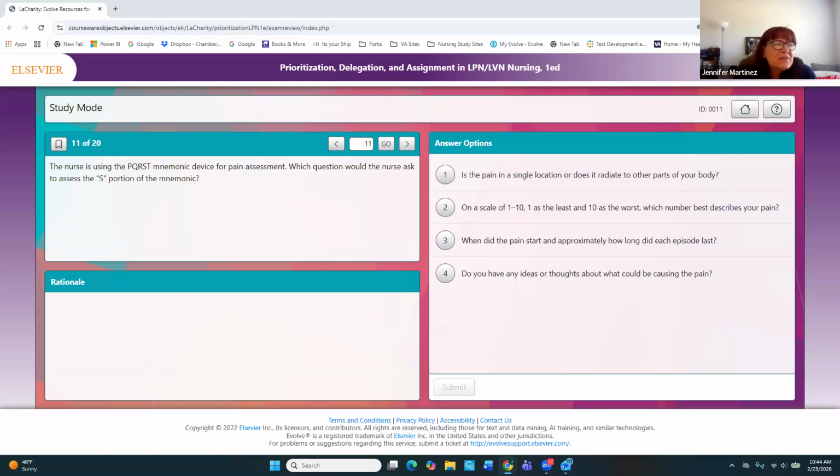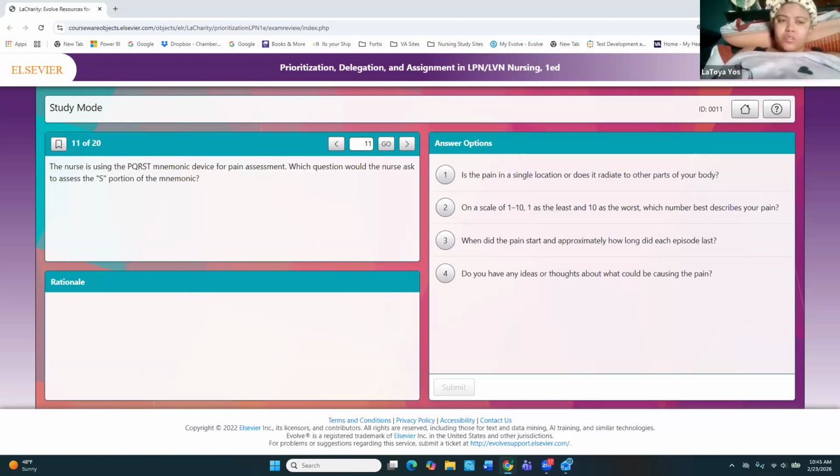One, is the pain in a single location, or does it radiate to other parts of your body? Two, on a scale of 1 to 10, with 1 as the least and 10 the worst, which number best describes your pain? Three, when did the pain start and approximately how long did each episode last? Or four, do you have any ideas or thoughts about what could be causing the pain? So using the S portion of the PQRST pain assessment, what question would we ask?